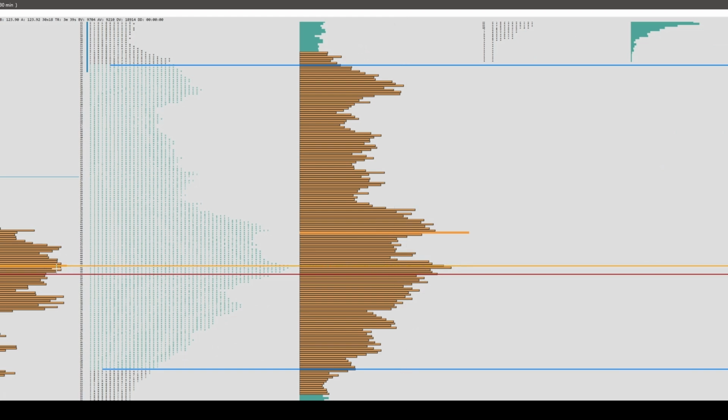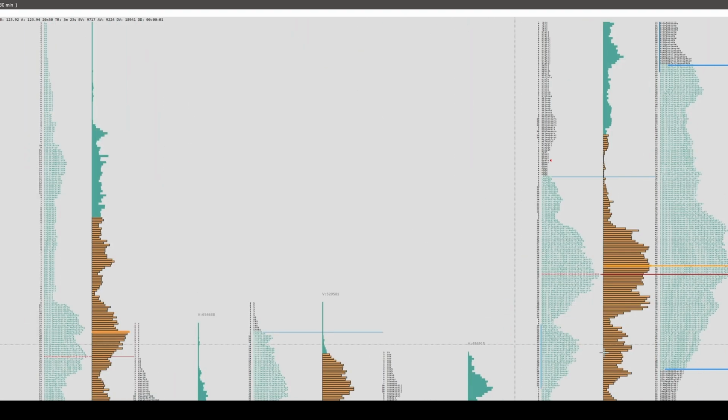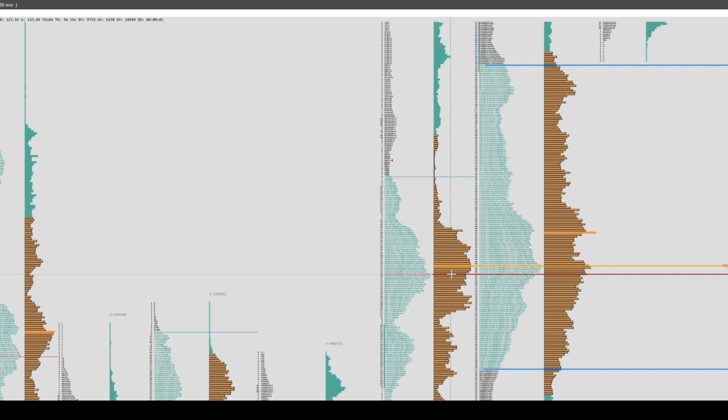You can see right here that the market built a lot of volume in this area, so you want to be looking at 120 and 120.60, which is also the VPOC of this week, and the point of control of the TPO chart, which is sitting at 120.52.